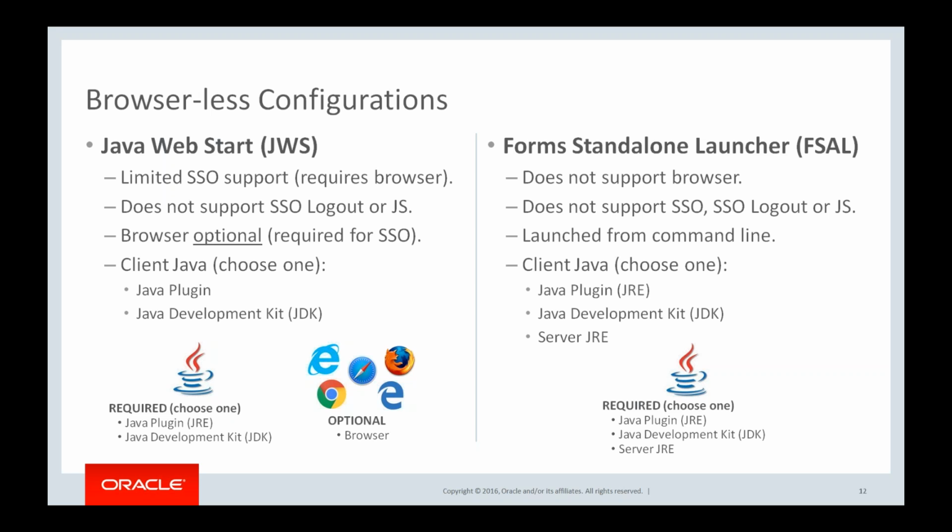The advantage of the Server JRE is that you could have multiple versions on the same machine, and because it's not actually installed on the machine, there's nothing in the registry, there's nothing in the system path. Each folder effectively is independent of the other, and the machine has no knowledge that you have various versions on your machine, and therefore, as versions of Forms change, you'll be able to switch Java versions depending upon the needs.